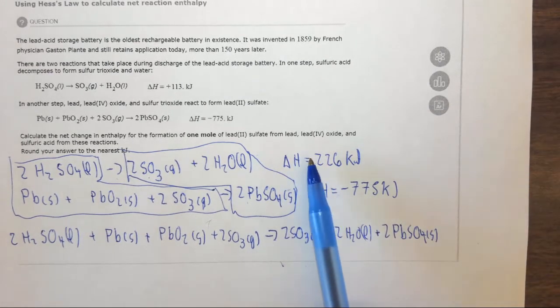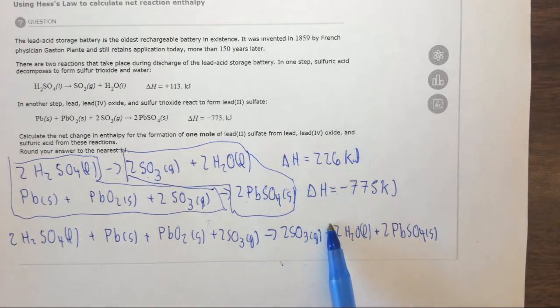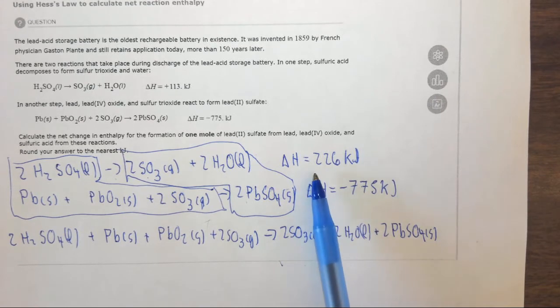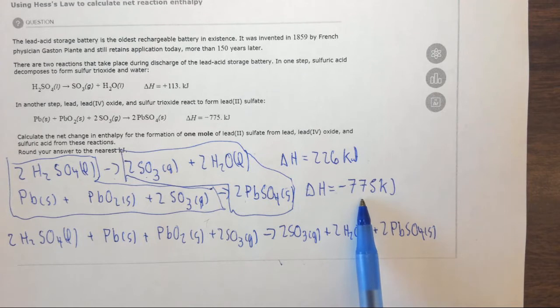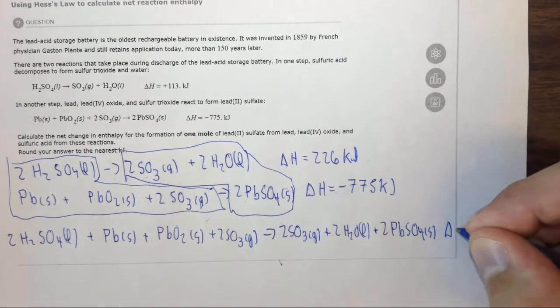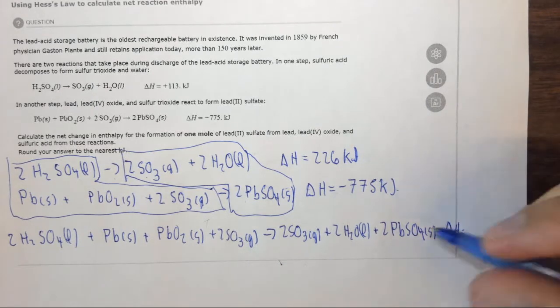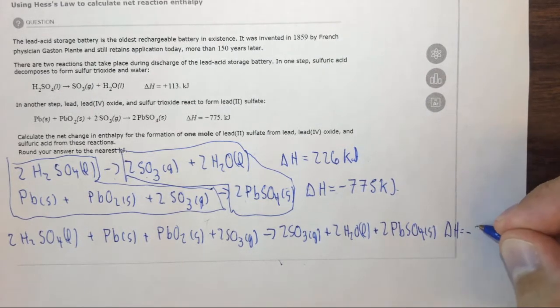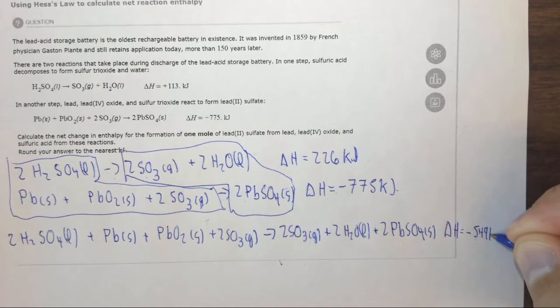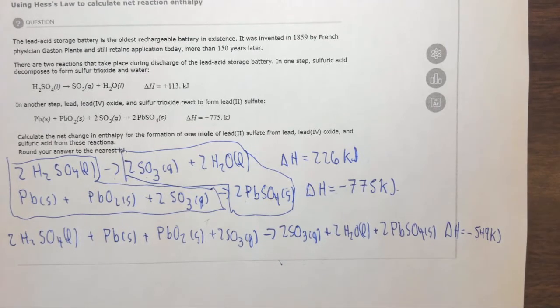Now, if you add the reactions, you can add the enthalpies, because enthalpy is a state function. Adding reactions means you're allowed to add the enthalpies. So for this overall reaction, delta H equals 226 plus negative 775, which is negative 549 kilojoules.